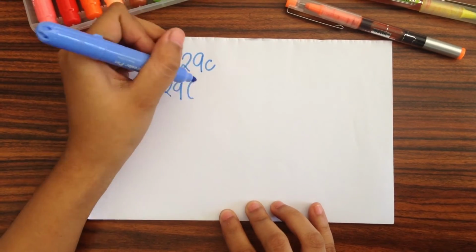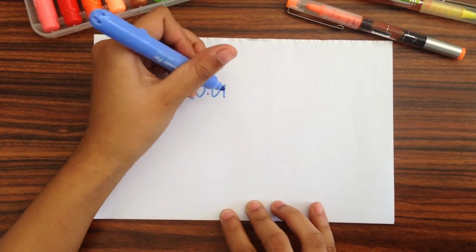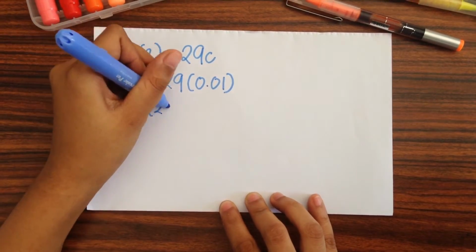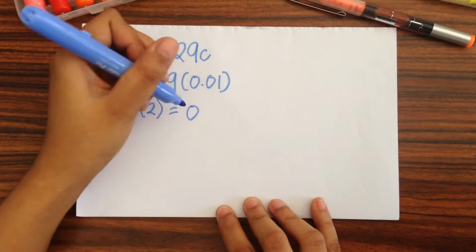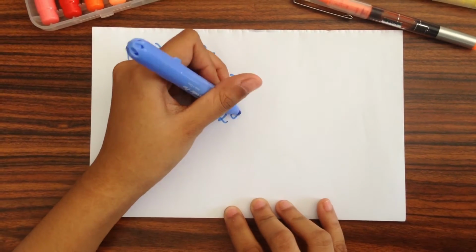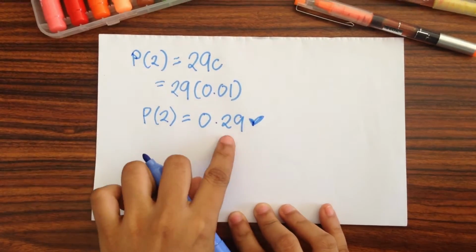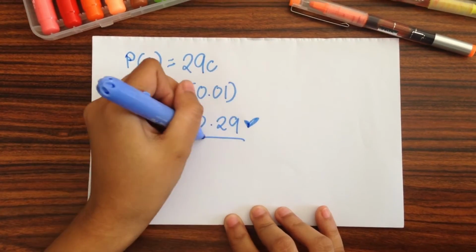At dahil ang value ng C ay 0.01, ita-times lang ito sa 29. So the answer is P of 2 is equal to 0.29.